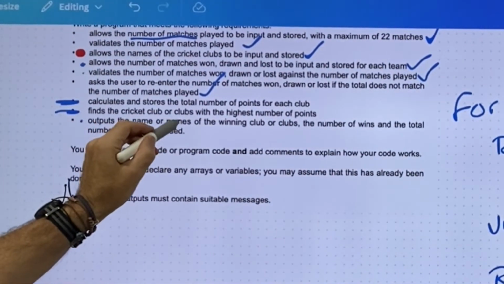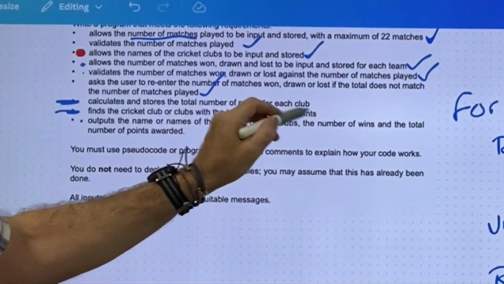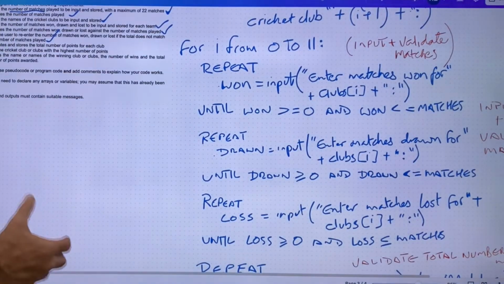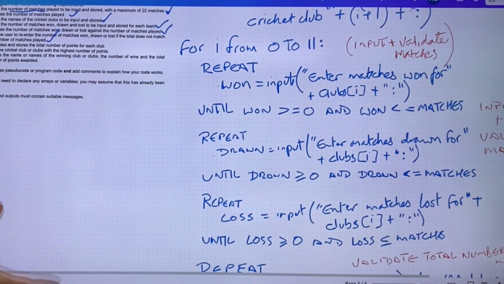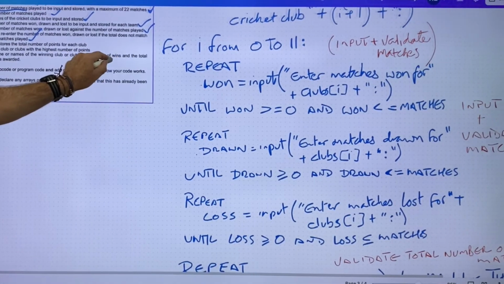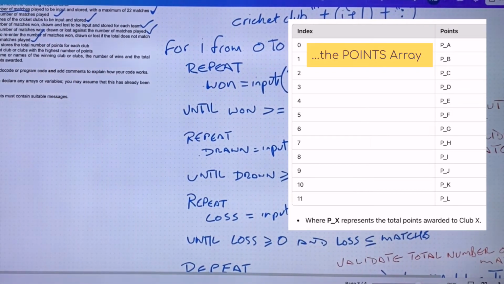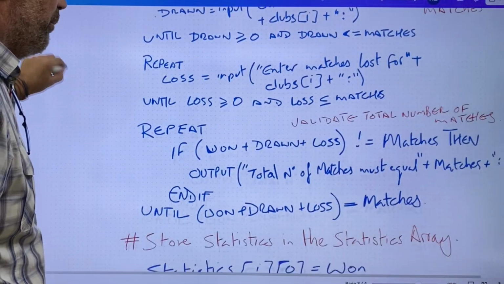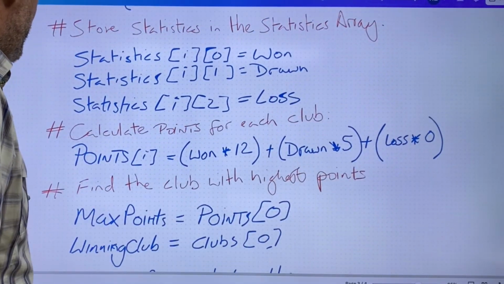Output the name or names of the winning clubs, the number of wins, and the total number of points awarded. So we're going to be reading from either the variables or, in the case of the wins and total number of points, from the statistics database. Then we'll go back through and I'll talk about the variables.